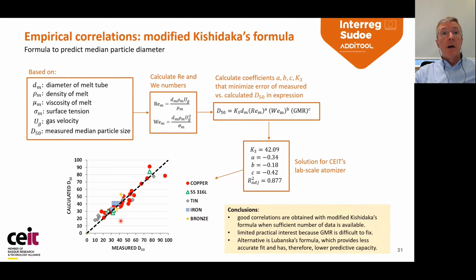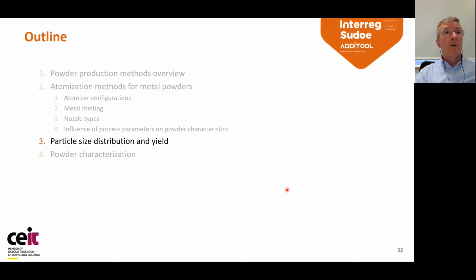As you can see, if we plot measured versus calculated, there is a very good correlation, and therefore this formula has a predictive capability. I will not say anymore about this.